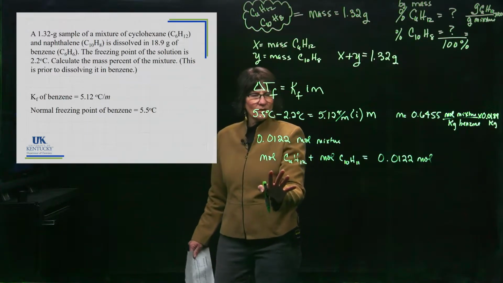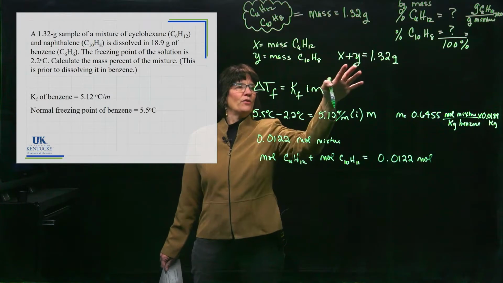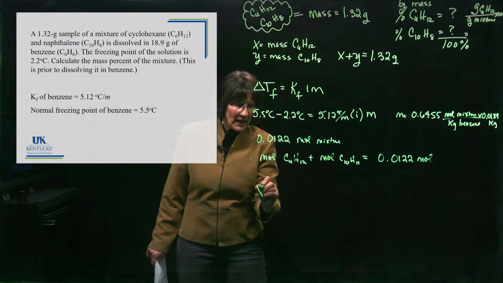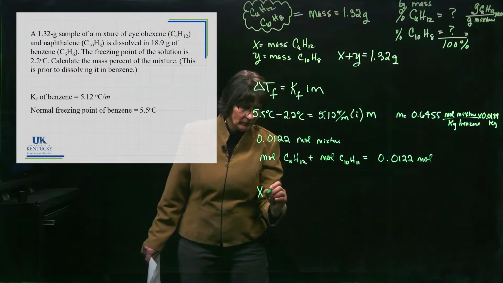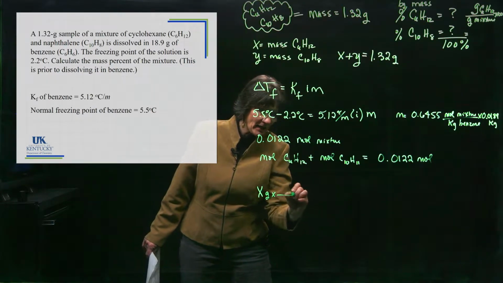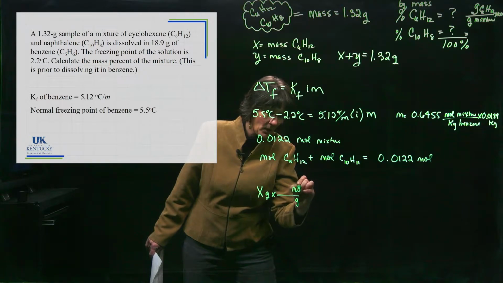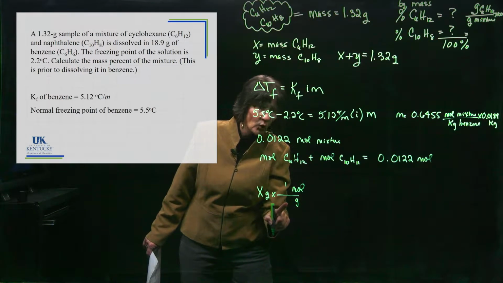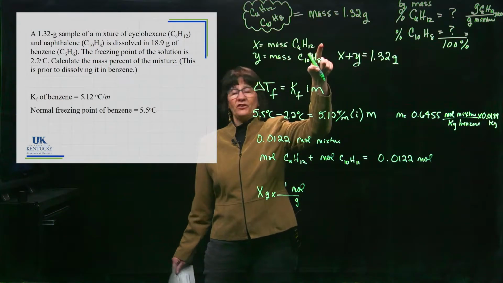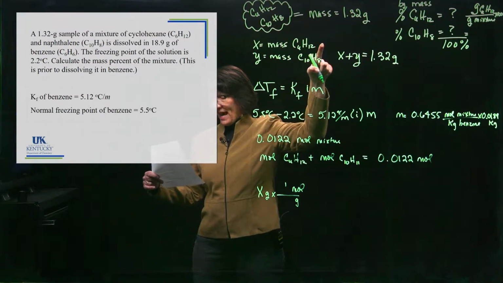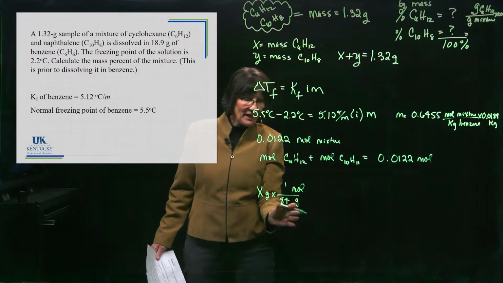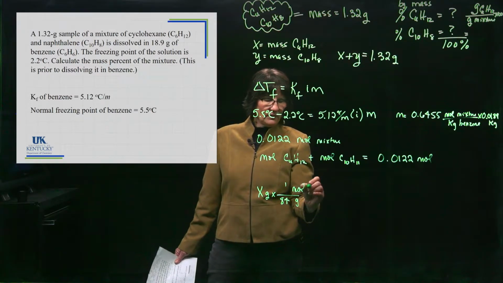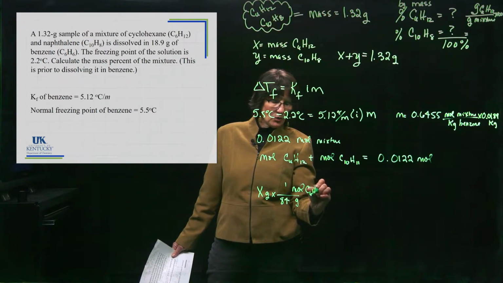So let's replace this with an X value. The grams of C6H12, let's have this many grams. I don't want grams, I want moles. If I were to use a molar mass of C6H12, which I happen to determine as 84, that would give me moles of the C6H12.